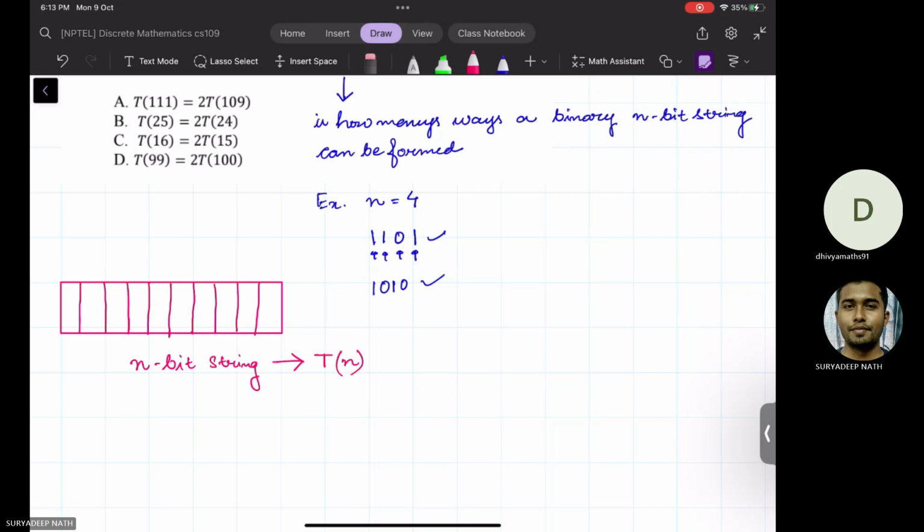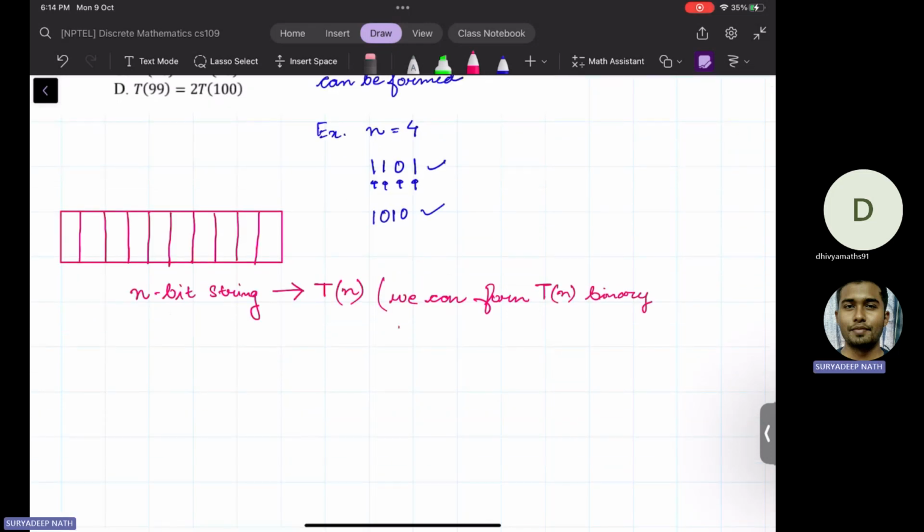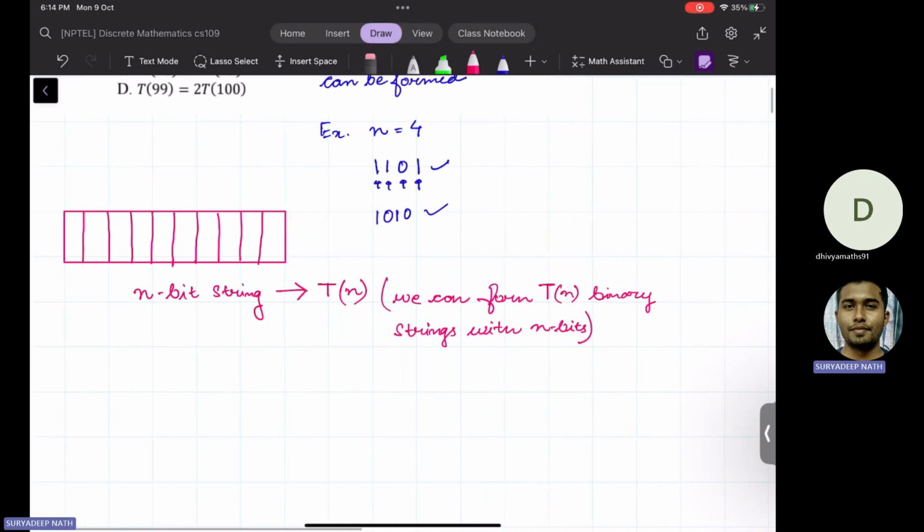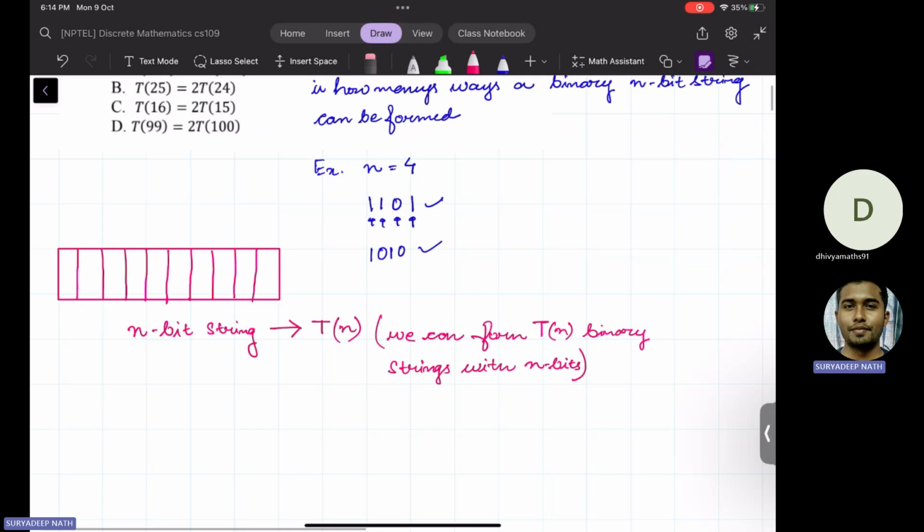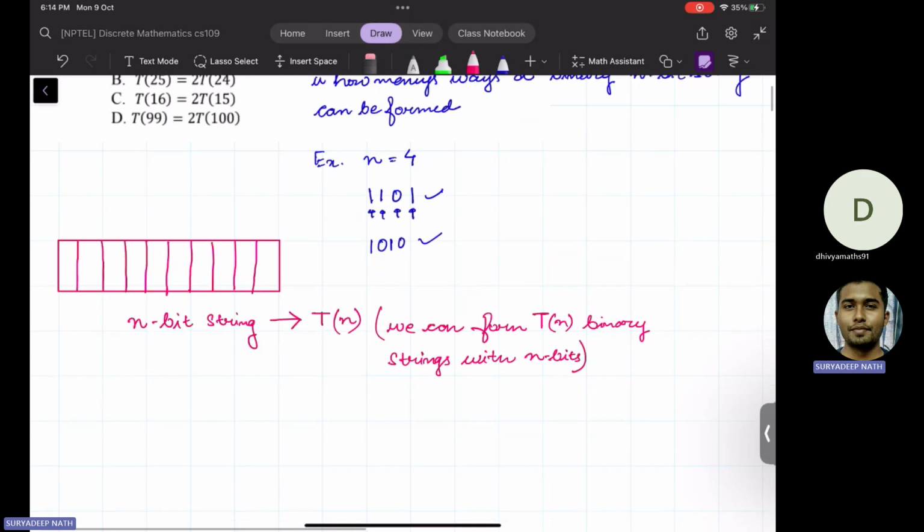So we can form tn binary strings with n bits.